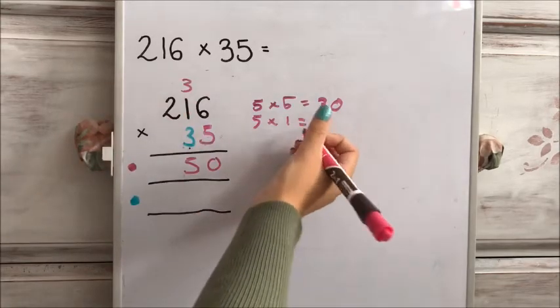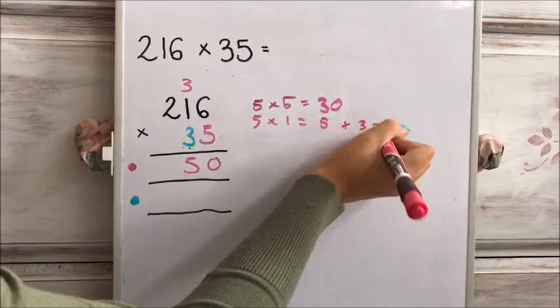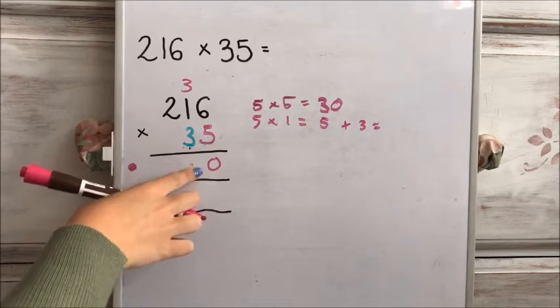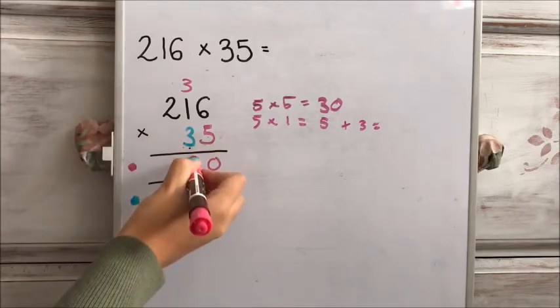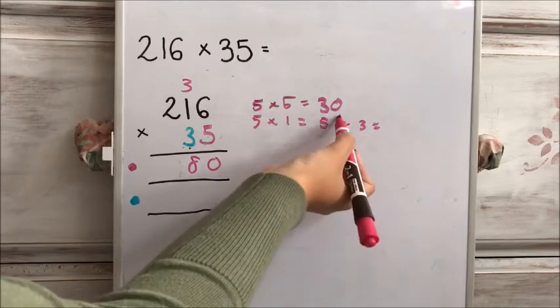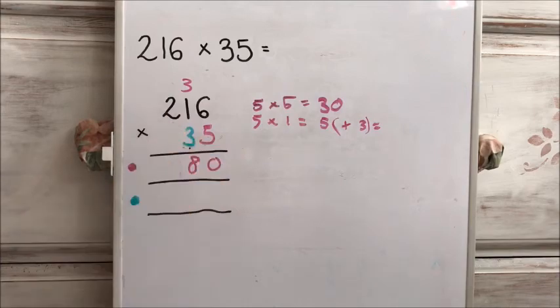So what we're actually doing is adding that on to our answer, like so. So this will become 8. Because 5 times 1 is 5, but we need to add on our 3 from last time. So this becomes 8.